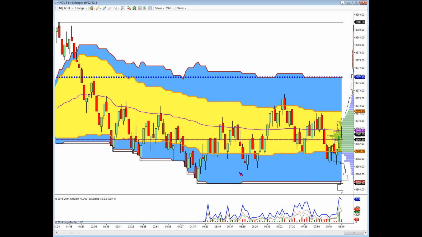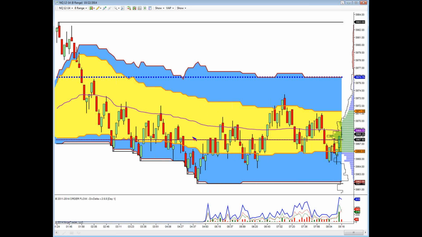So what you're looking at here, the shaded area, this is the value area. The yellow is the fair value area. This is the first value area high. This brownish line that you see here is the second value area high. And then below we've got the fair value area low here, and then the second fair value area low here.